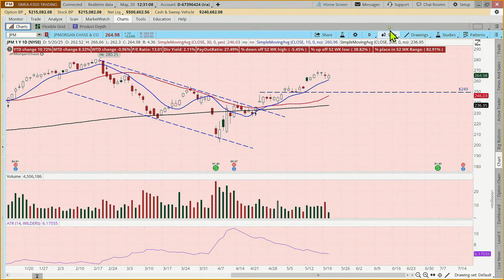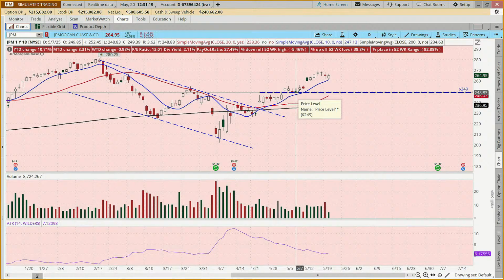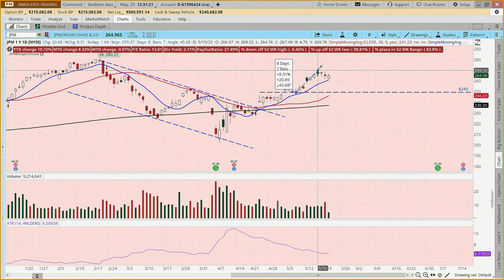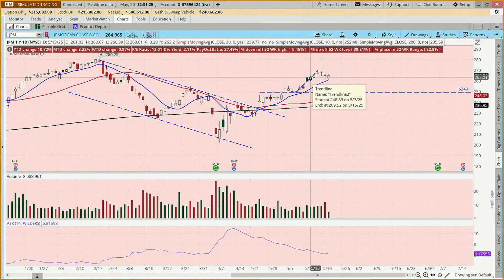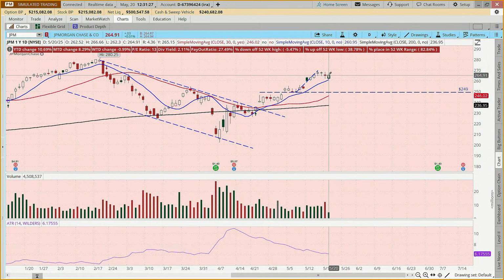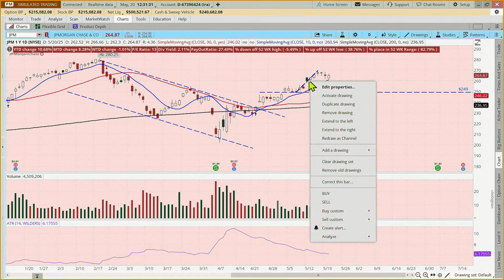But what else could we do? Well, we could say, hey, this went from here. Well, we could even come from, it depends on where you want to measure from. Let's say we're measuring from here to here. So that's about a $20 move. So what if we said, okay, well, our low here was 261.93.